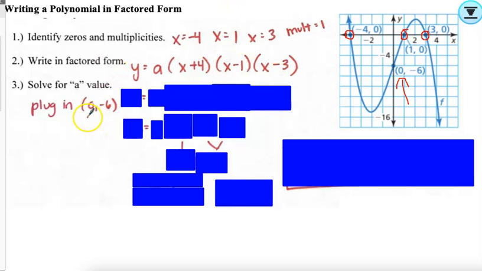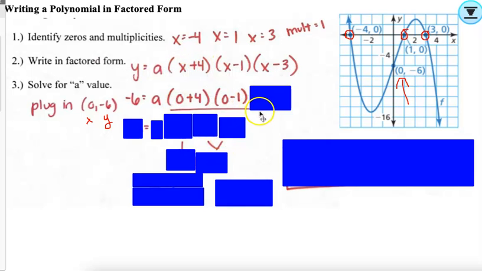If you'll remember, 0 is my x value, and negative 6 is my y value. My equation has y first, so I'm going to start with negative 6 first. Equals, I don't know my a, I'm trying to solve for it. Then this 0 is going to come in for my x value, so I'd have 0 plus 4, 0 minus 1, and then 0 minus 3.